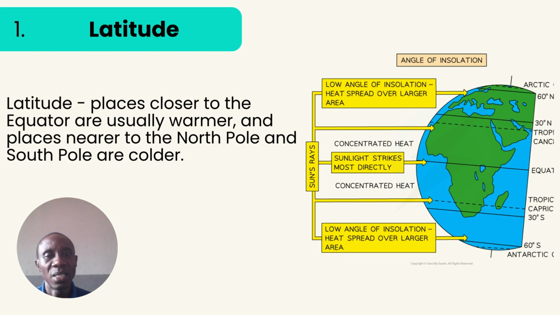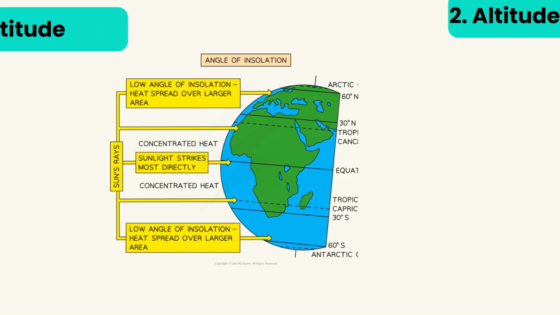Around these places, the sun strikes most directly. So there is concentrated heat and higher temperatures than at the poles, where the sun's heat spreads over larger areas, and so those places have lower temperatures. So that's a major factor.